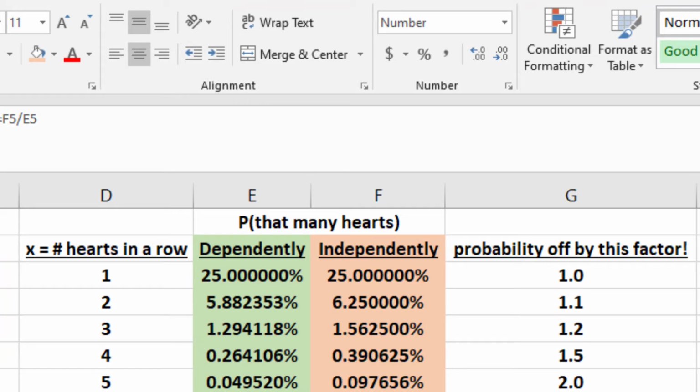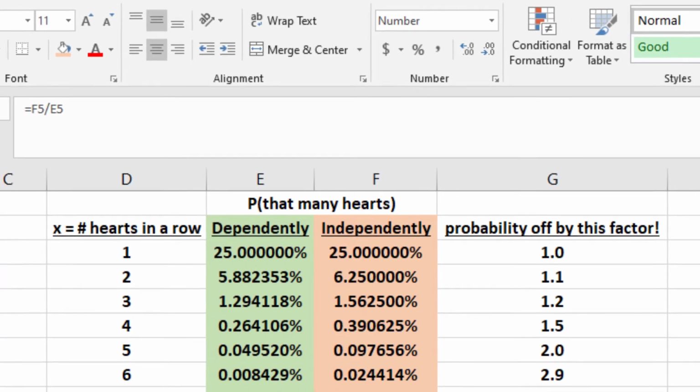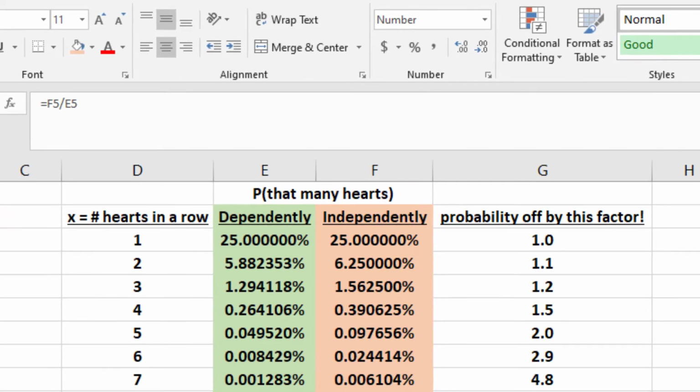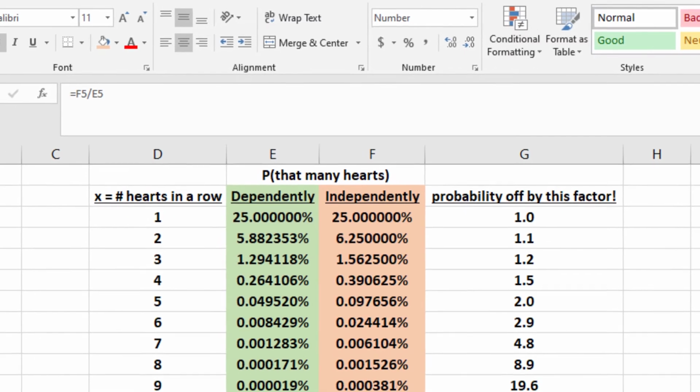So what I did was I took the independent probability and divided it by the dependent probability. The number that's in this column tells you how much off the independent probability is from the true correct dependent probability. Now, up to about 5 cards, you're only off by a factor of about 2. But the more cards you draw, look what happens to that probability off factor. It gets worse and worse and worse.